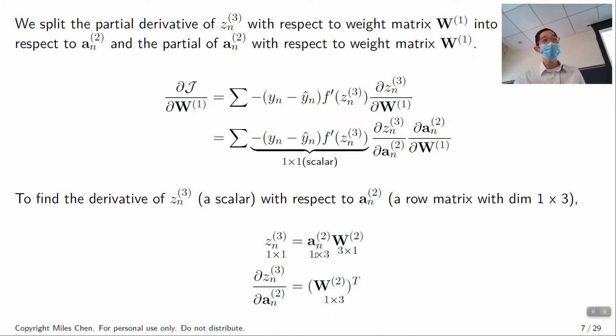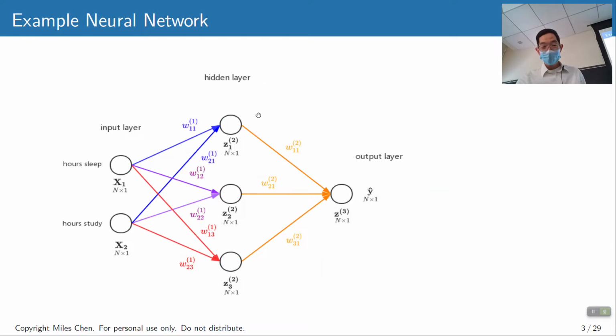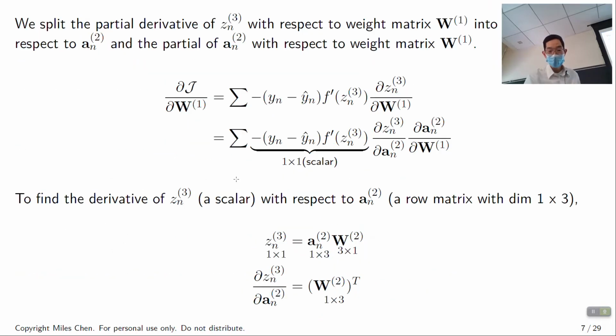A2 holds the activated values, there are 3 values, and each observation has 3 values. We're multiplying by our second weight matrix, which is 3 by 1, and so when we do this, we get a 1 by 1.